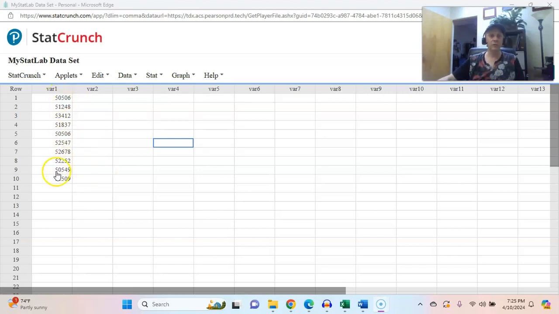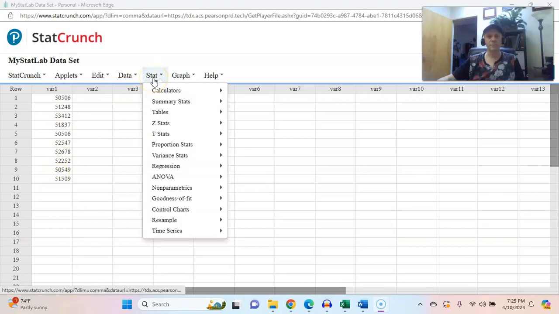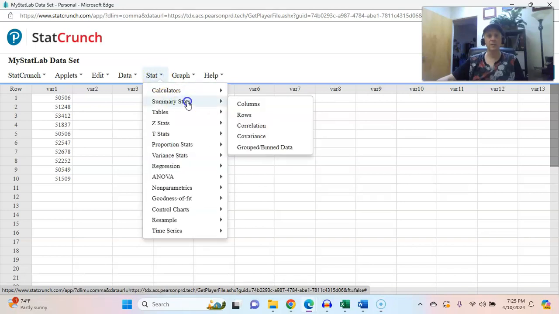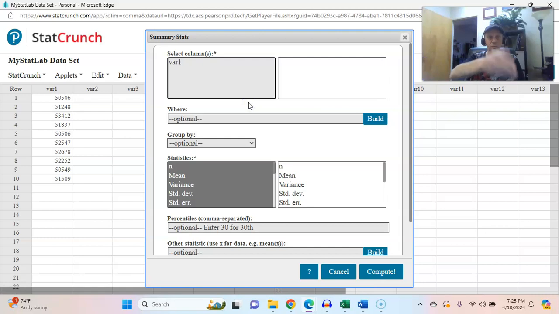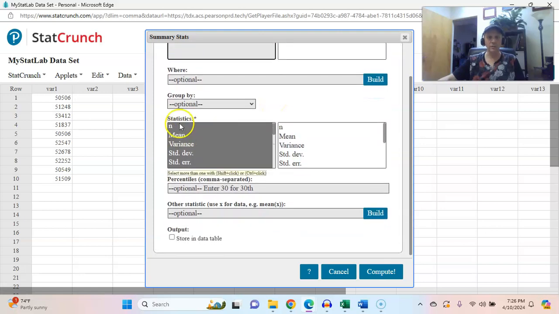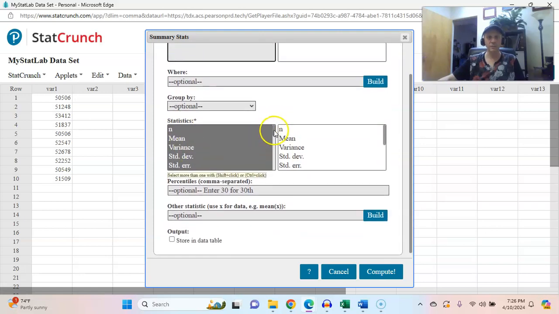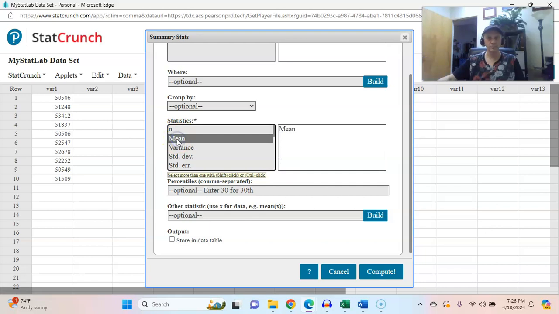But we can calculate a whole bunch of statistics on these by going to Stat, Summary Stats. And we're going to select columns because we are going to be calculating the statistics for a particular column of numbers there, variable 1. So I have to highlight variable 1. Now, here's basically your menu of calculations that you can perform. There's quite a lot of them. StatCrunch can give you n. Remember, that means the number of items in the list. The mean.